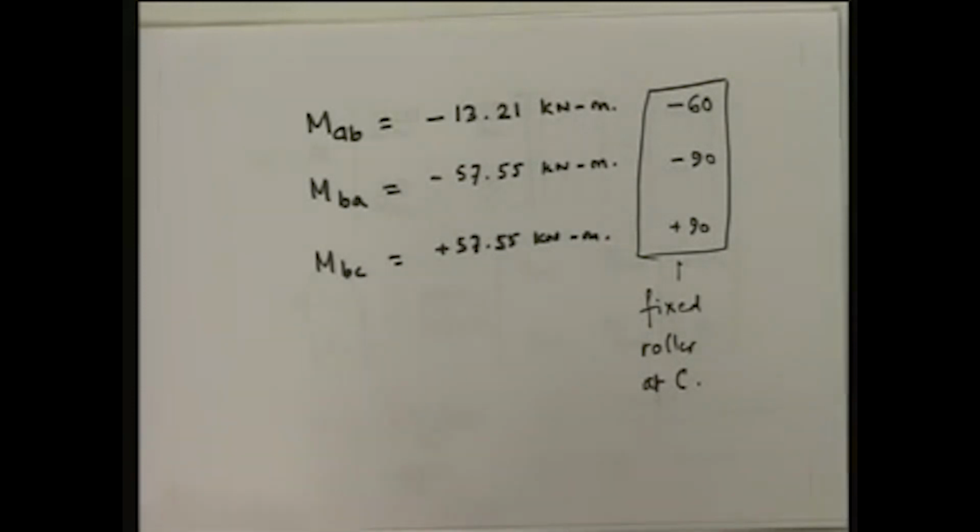What has happened to the member end moments? They've gone down. Why? Well, when I made the fixed roller into a hinge roller, what did I do? I increased the flexibility of the structure. Now, here is where I make the points that I have tried to make.